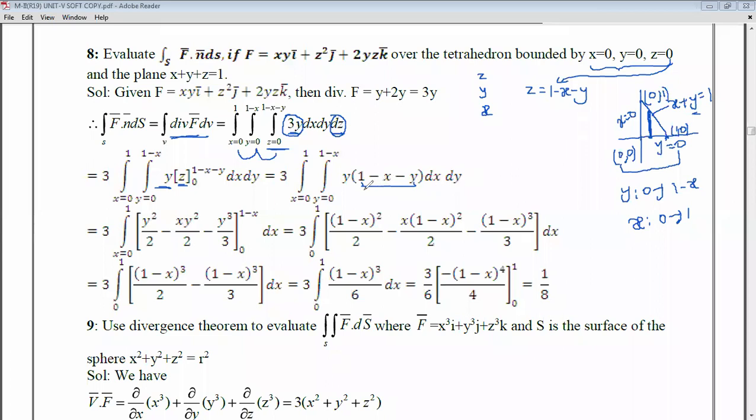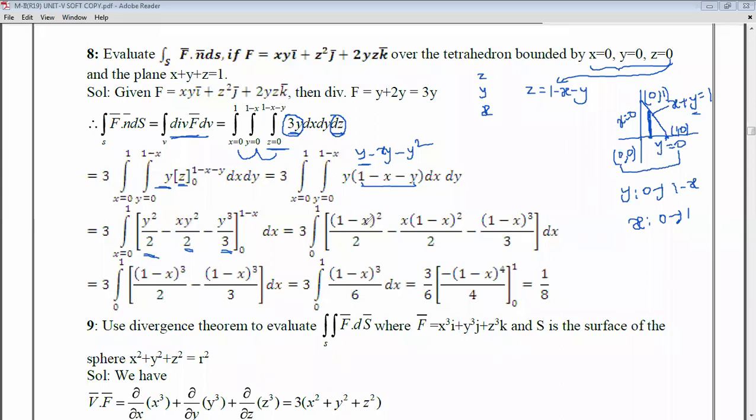Now we need to apply integration with respect to y. For that, first we can multiply y inside the terms. If I multiply this, what will we get? y minus xy minus y into y, which is y square. Apply integration for this: y integration is y square by 2, and x as this, y integration is y square by 2, and next y square integration is y cube by 3, between the limits 0 to 1 minus x. Just substitute y as 1 minus x.